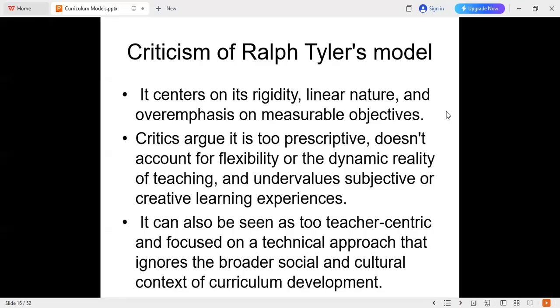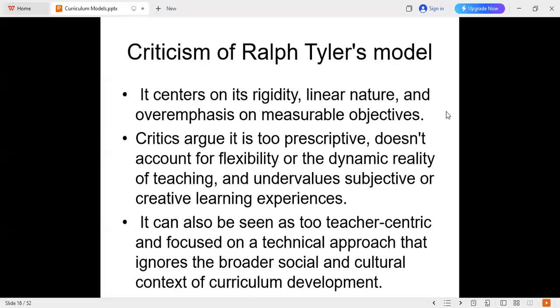There are no provisions for students' creativeness and innovation, that is not given by Taylor. The students have to follow what the teacher says.